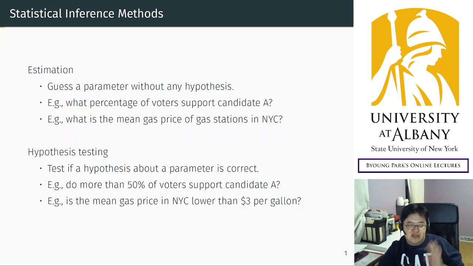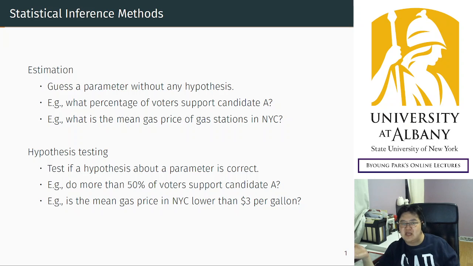On the other hand, in contrast, hypothesis testing is a closed question. It's like, do more than 50% of voters support this candidate or not? I think more than 50% would vote for this candidate, so I think this candidate is going to win. Is that true or not? Let's check it with data. Or I think the mean gas price these days is lower than $3, right? Or not?